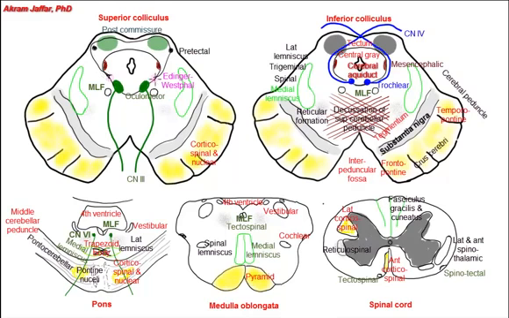Fibers of neurons in the Edinger-Westphal nucleus accompany the oculomotor nerve. These are preganglionic parasympathetic fibers, and they relay at the ciliary ganglia. The postganglionic fibers from the ciliary ganglion travel through short ciliary nerves to the sphincter pupillae muscle.